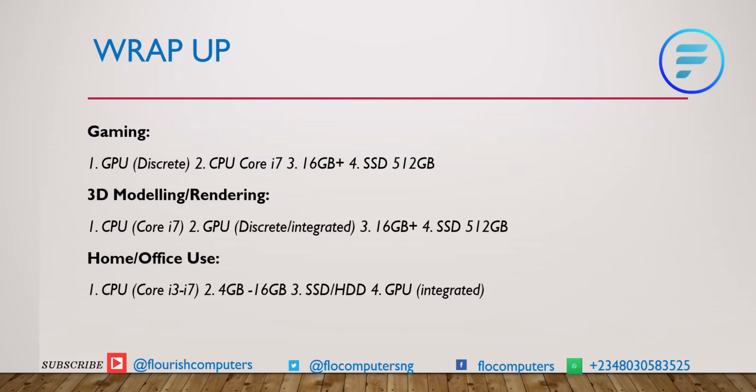I will recommend Core i7 CPU. Now, what generation? From 8, 9, 10 generation, that should be fine. And then the third component should be 16 gig and above. And then the fourth component is SSD. Don't go for HDD. I recommend SSD, and minimum to be 512 GB.